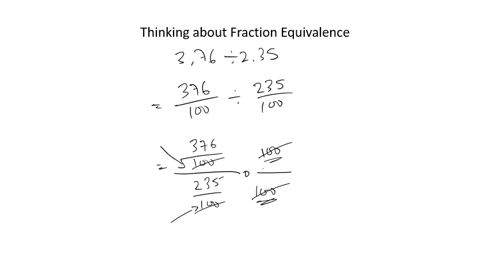Because really what you're doing is multiplying by a fraction that is equivalent to 1. In order for that fraction to be the multiplicative identity, for it to be a 1, it has to be the same power of 10 in the numerator and the denominator.